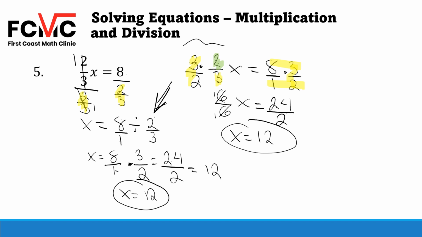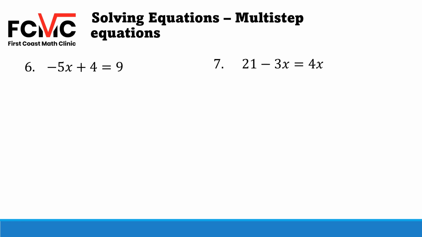All right, let's move on to multi-step equations. So for our multi-step equations number 6, we've got -5x plus 4 equals 9. So we want to combine our like terms across the equal sign. Our like terms are going to be the 4 and the 9. So let's subtract 4 from both sides. I'm adding 4, I want to undo adding 4 and subtract it from both sides.